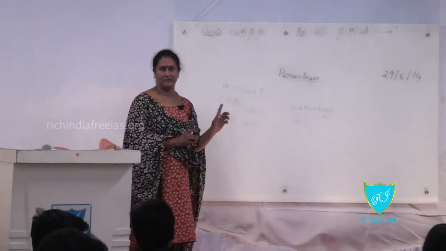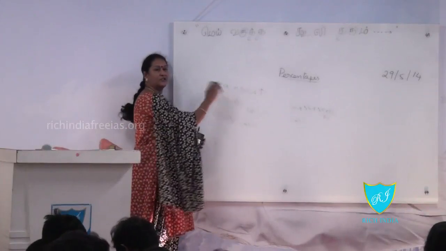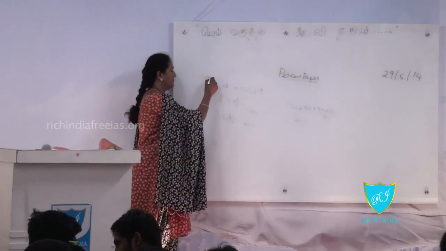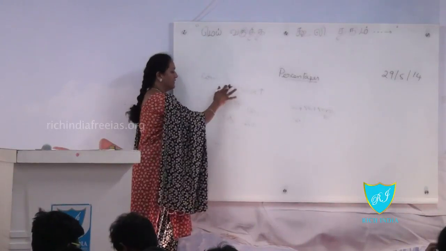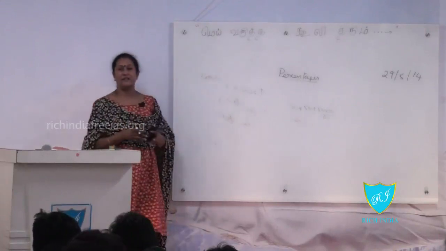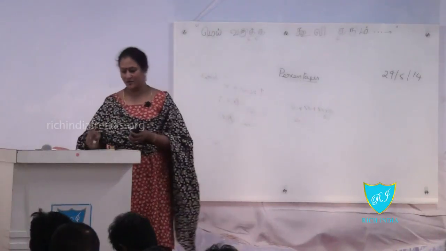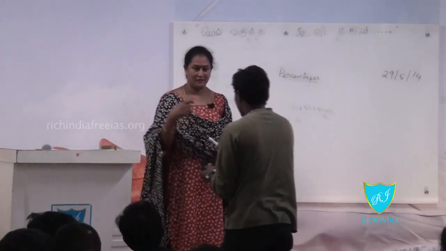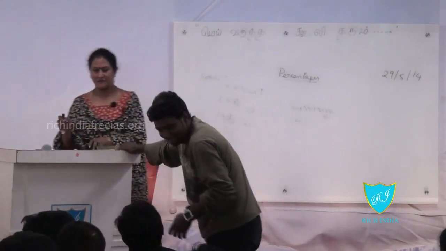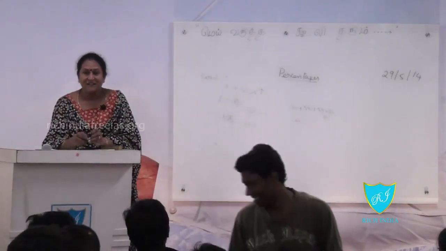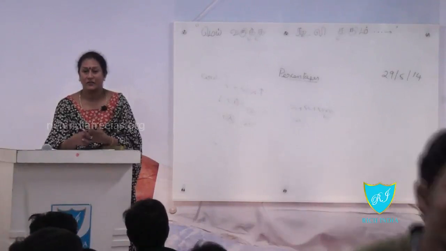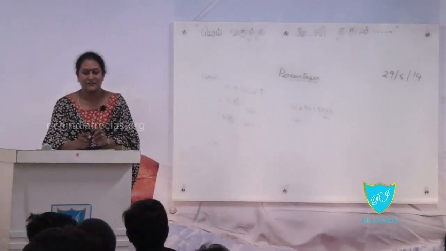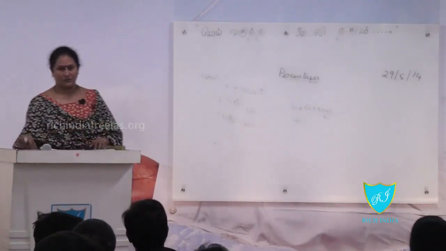You understand? So suppose instead of a cube, they have given a circle. The circle radius is increased by 50%. What will be the increase in its curved surface? Circle area, sphere curved surface area, the increase will be 125%.